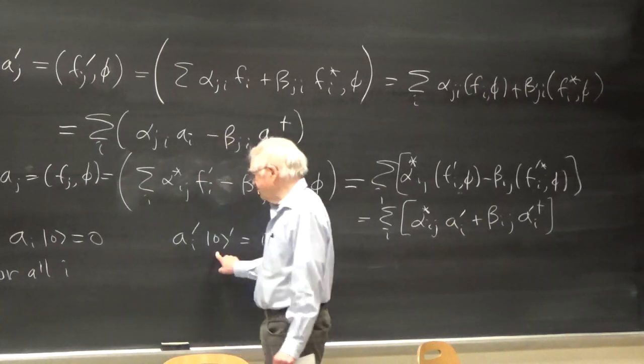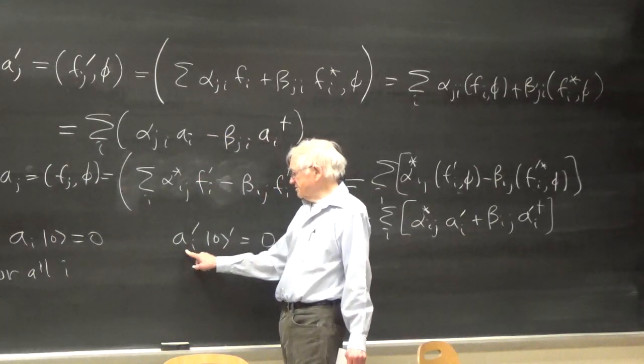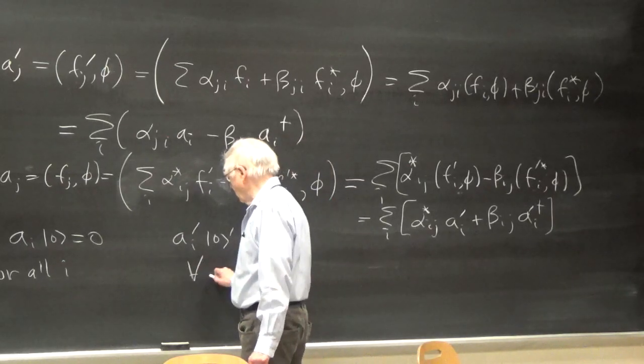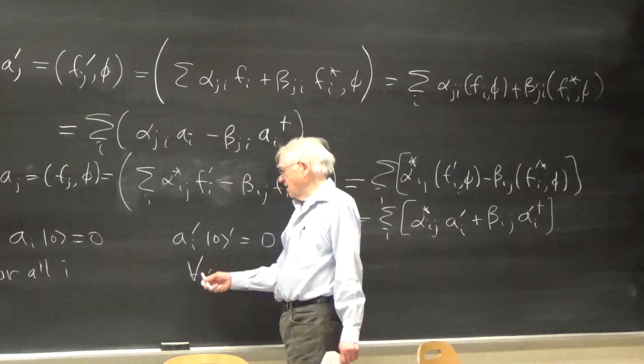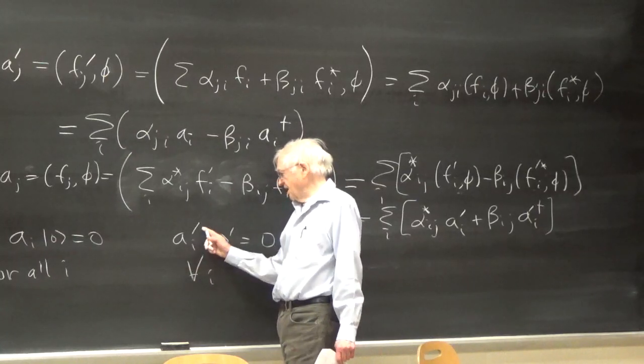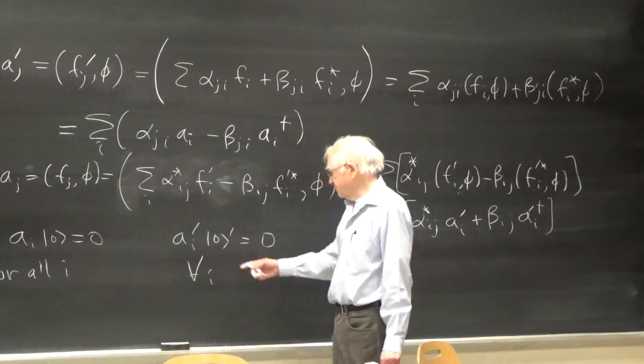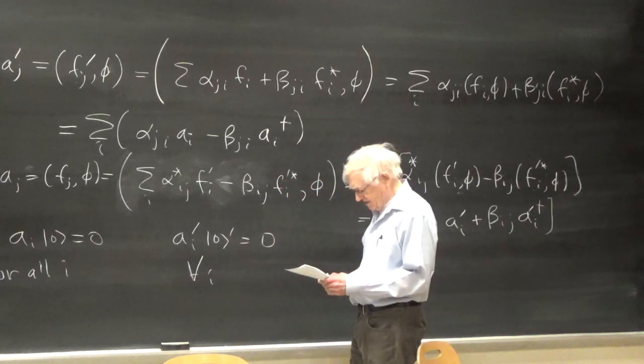And the vacuum state of the second system, the prime system, is defined by an infinite set of equations here. For all i, the annihilation operator of the ith mode of the prime system annihilates the vacuum state of the prime system. So those are the definitions.